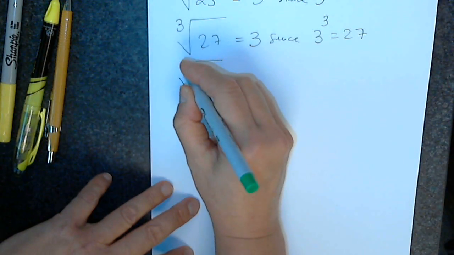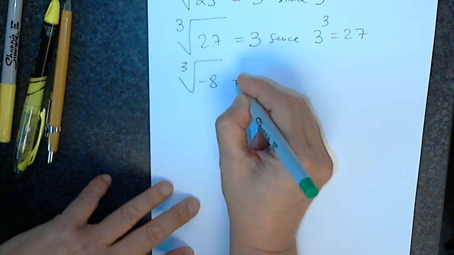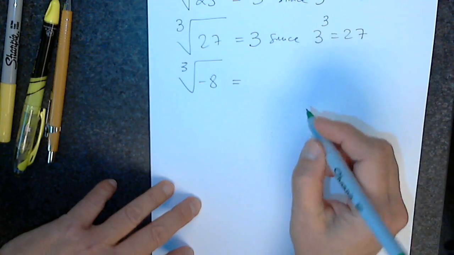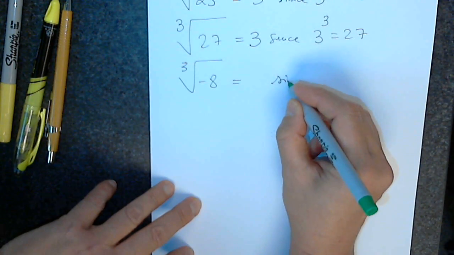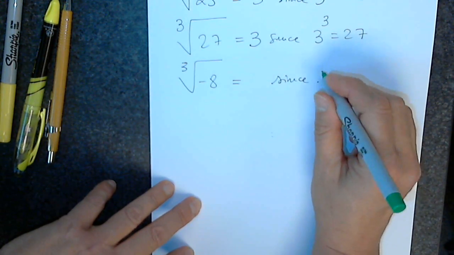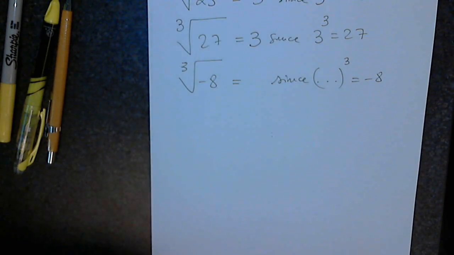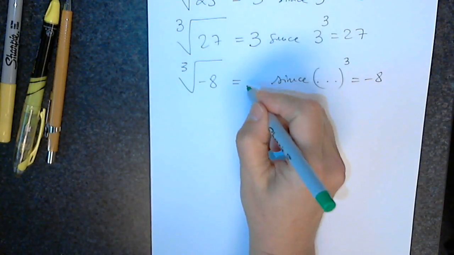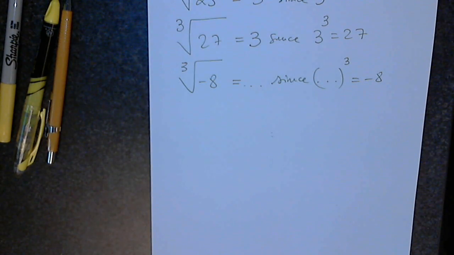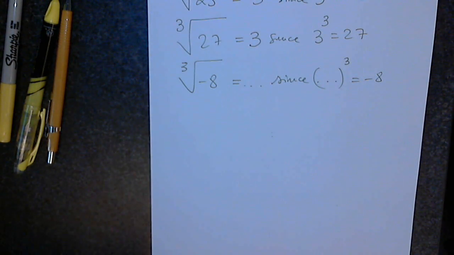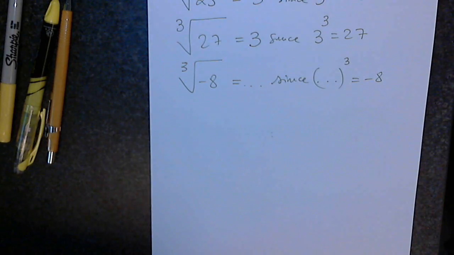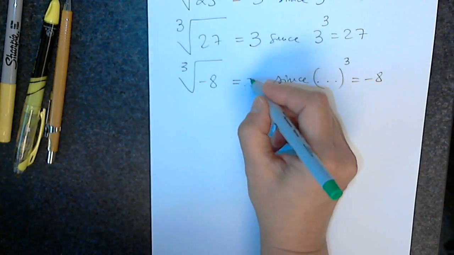The cube root of -8 is blank since blank to the third power is -8. So what do I mean by these 3 dots? Very good.